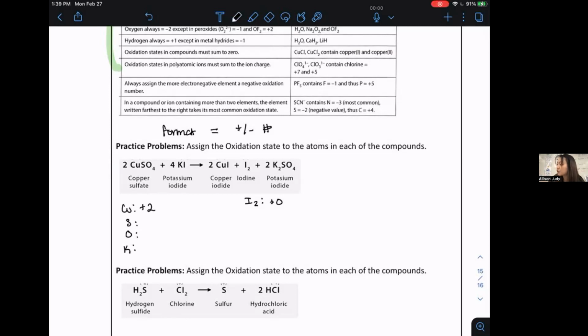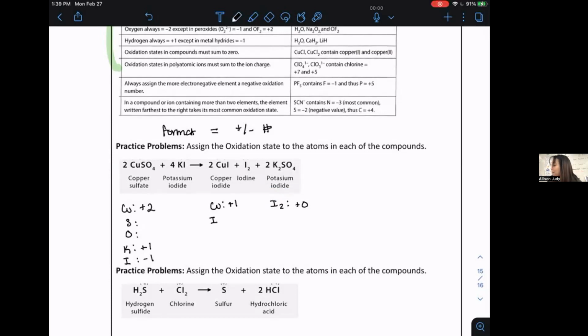It's a 1+ charge, so it's going to be a +1 oxidation state. Iodine is going to be a -1 oxidation state because it's a 1- charge. Copper over here is going to be a +1 oxidation state because it's a 1+ charge.